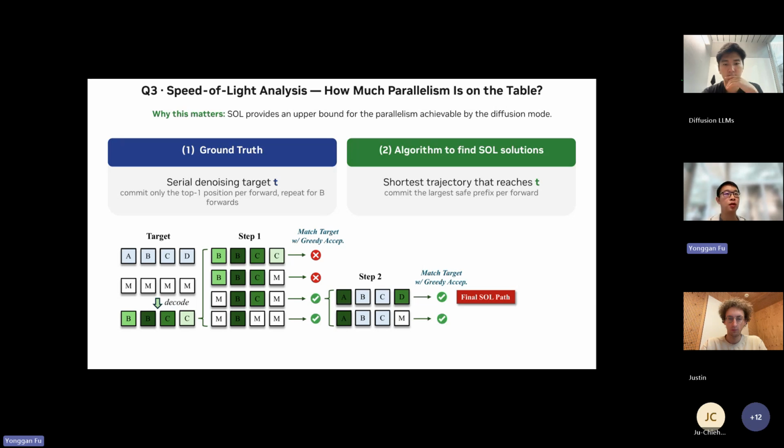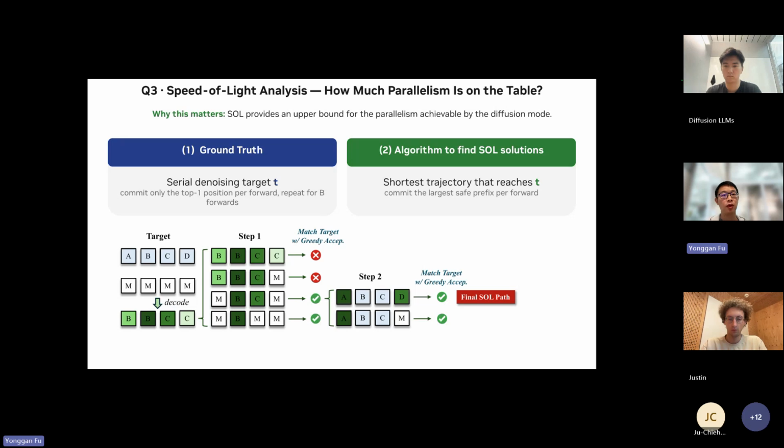When you decode one token at a time, finally you reach a trajectory. This will be the best trajectory that can be achieved by the diffusion mode. So we use that as a SOL and try to see what is the maximum number of tokens to be accepted at each denoising step that can ensure that after accepting this amount of tokens at this denoising step, we can still finally reach the ground truth.